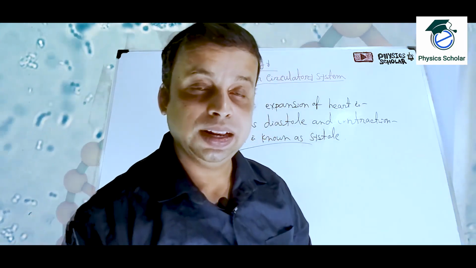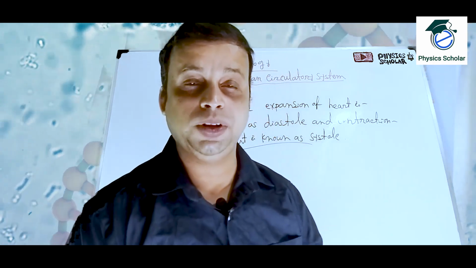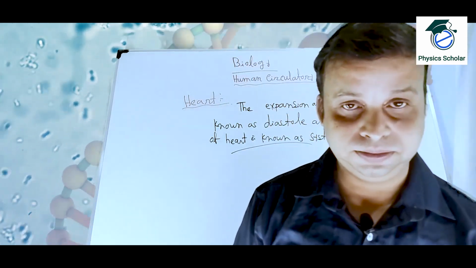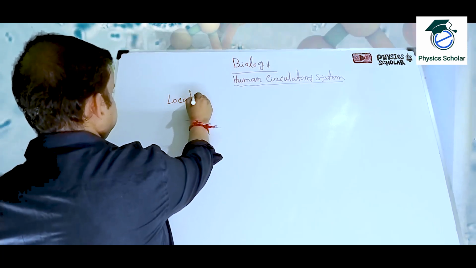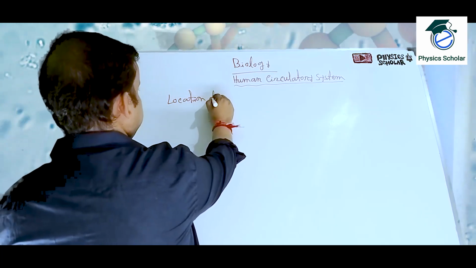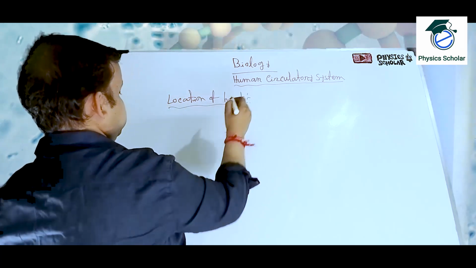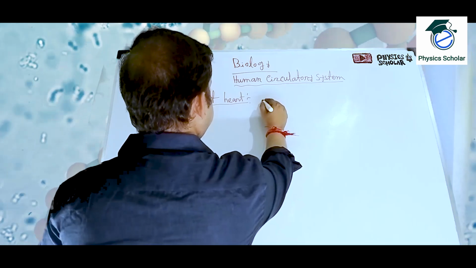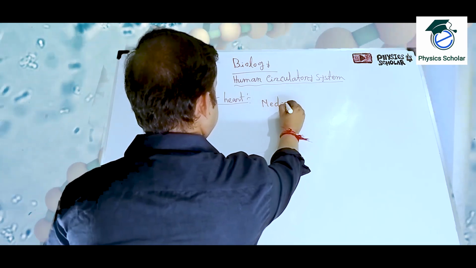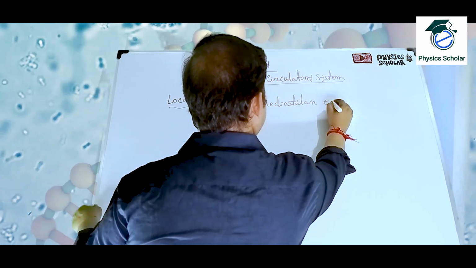So in general, what is systole and diastole I have discussed. Now let us move to the next topic: location of heart. It is located in the mediastinum cavity.